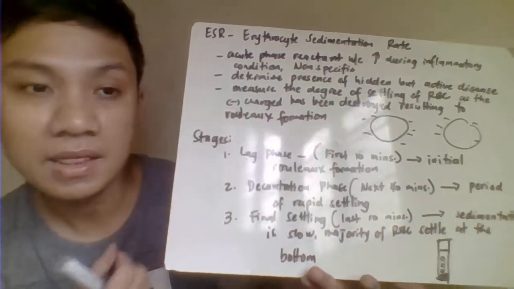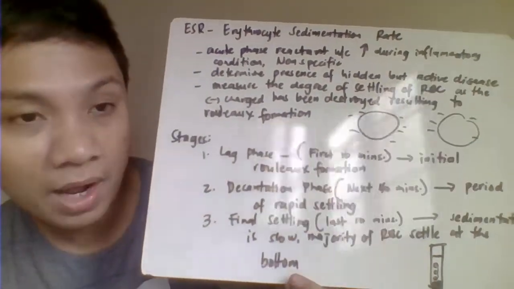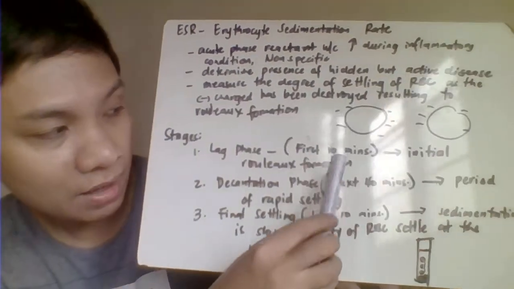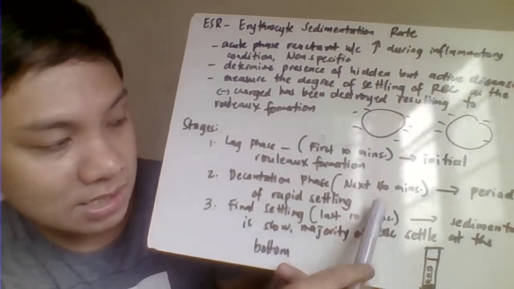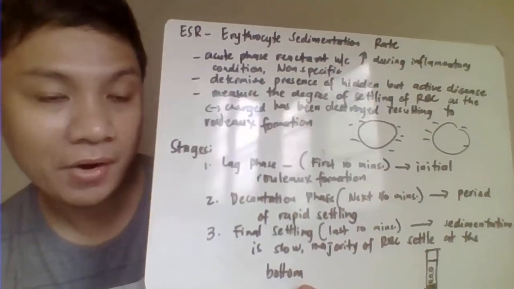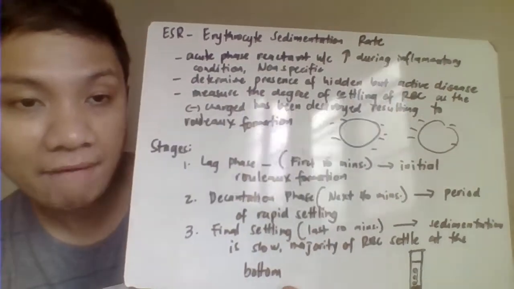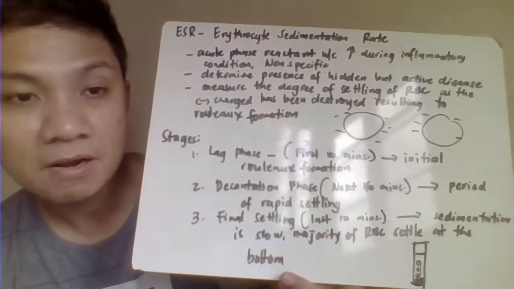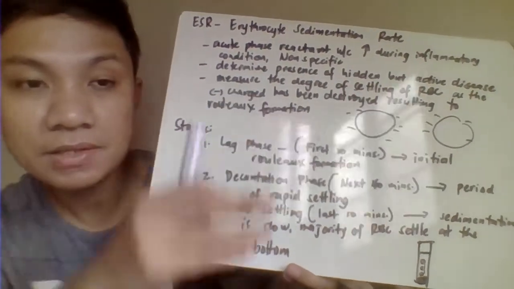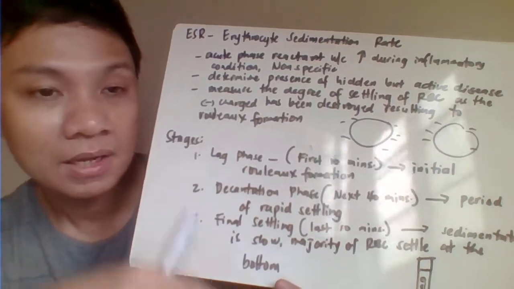Okay, we have here the stages of the ESR. So basically, we have 1 hour reading time, which gives you 10 minutes, 40 minutes, and another 10 minutes for the settling process. The first stage is the lag phase. This is characterized by the initial rouleau formation. So again, for the RBC to settle, they need to form rouleaux first and then settle.